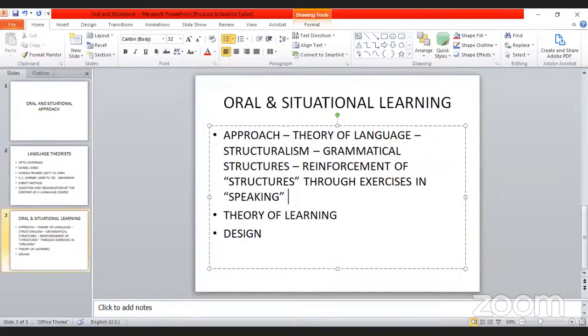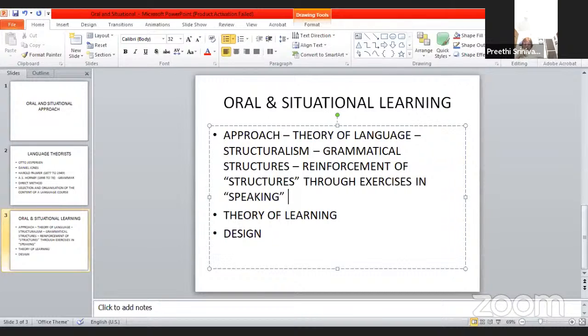So when they had this kind of theory of language, see, when you have an approach, you have a theory of language, and then you have the theory of learning. The theory of language would be, what is language? Language is a set of structures.